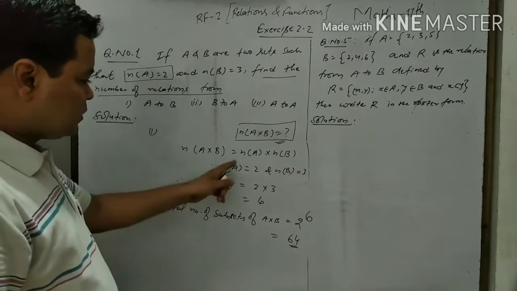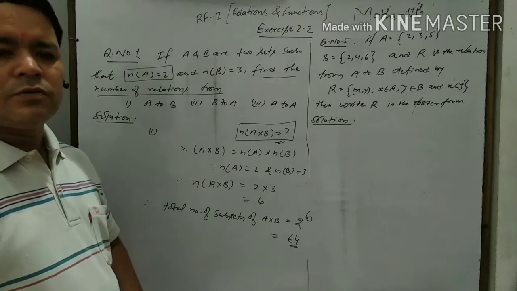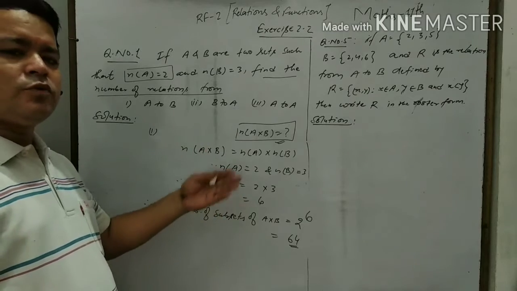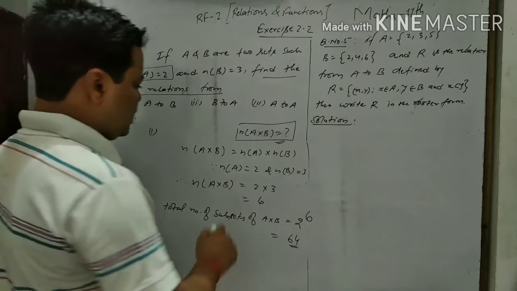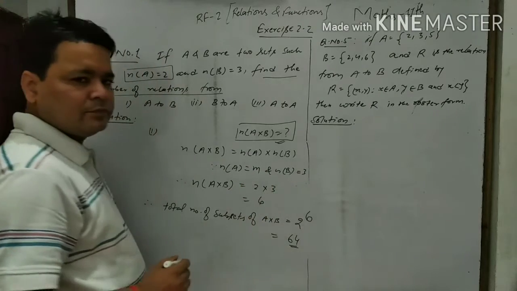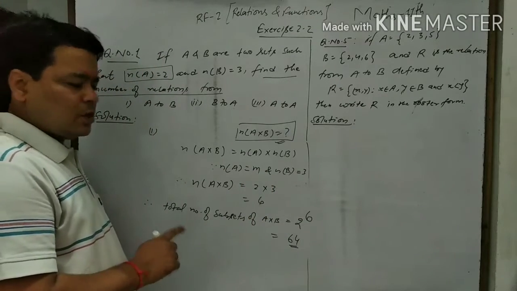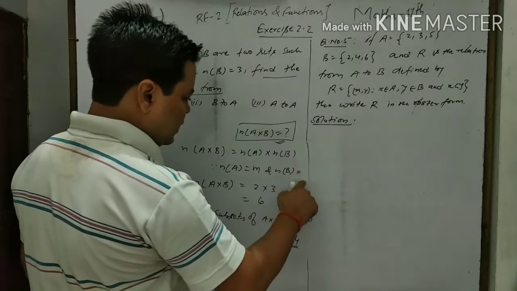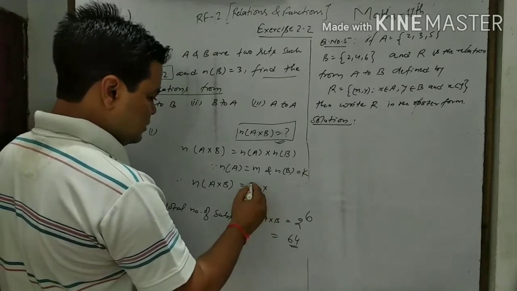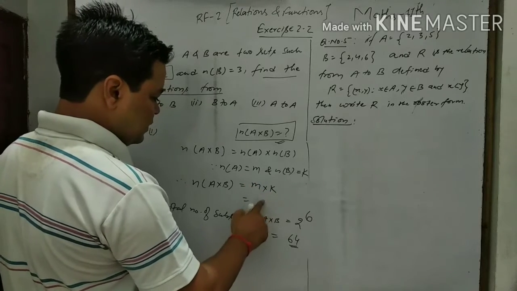Okay, this is the total solution of this A to B. But we have to think about the formula. If the cardinal number of A is equal to m and the cardinal number of B is equal to k, then the cardinal number of A cross B will be mk.